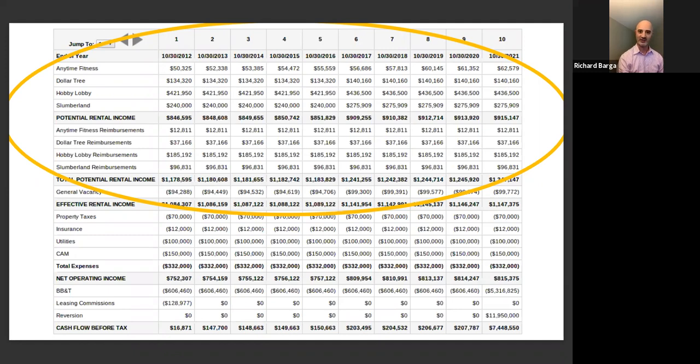The pro forma is not actually a complicated spreadsheet. It doesn't do crazy, wild, fantastical math calculations. But what it does is give you that predictable schedule of cash flows that we are going to get to in a minute. So let's take the top, and I've circled here at the top.